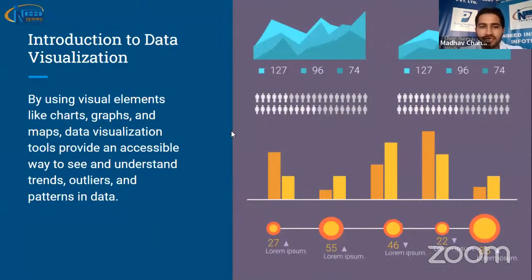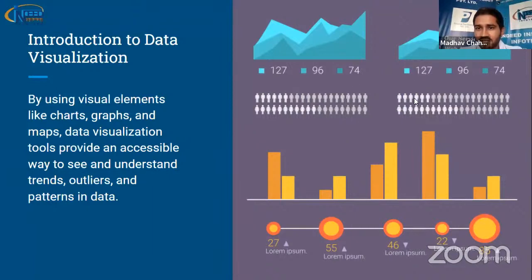There are many techniques, or I would say visual elements like charts, graphs and maps, that we usually see on TV or in our work culture. And if we are a college student, we see these things in various aspects of our life while learning. So these are some visual elements which we use for data visualization practices.